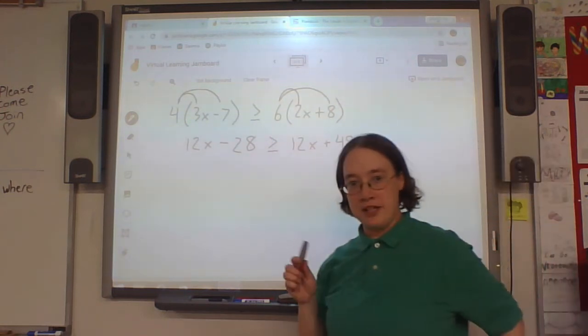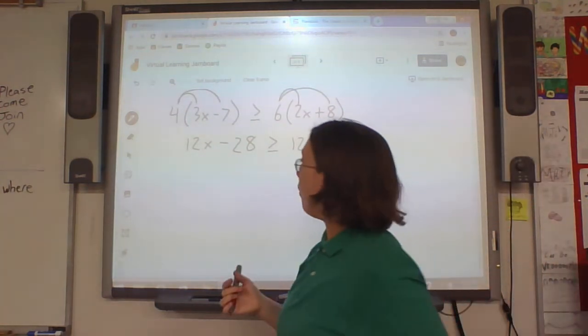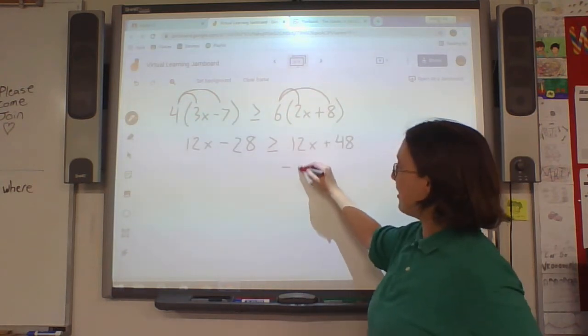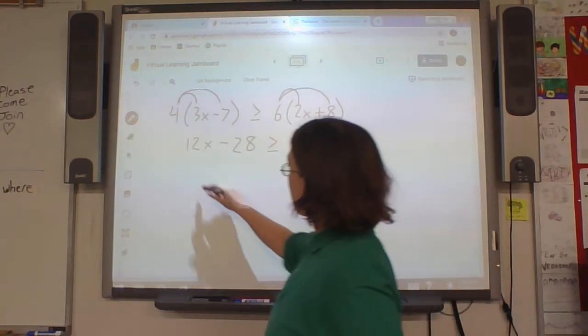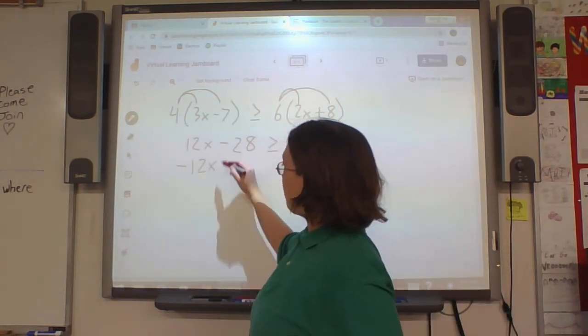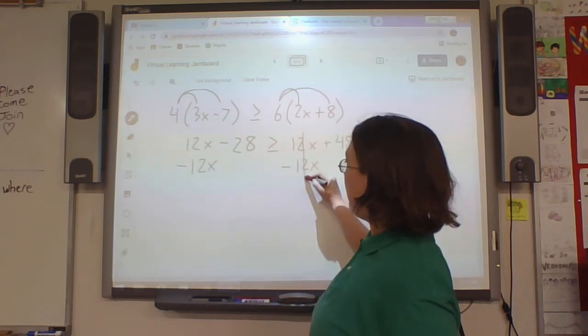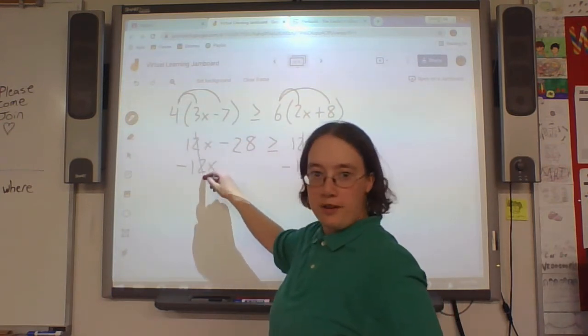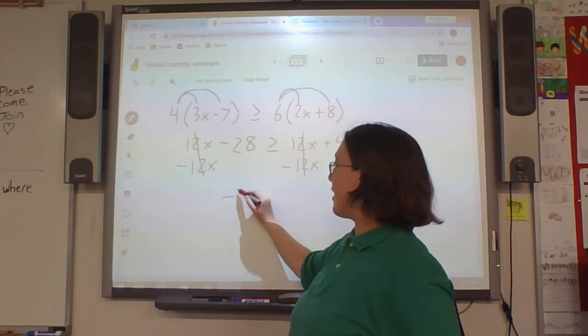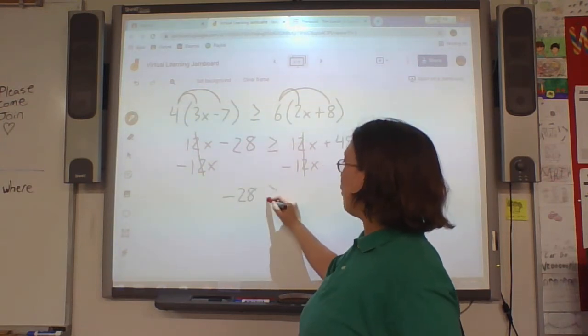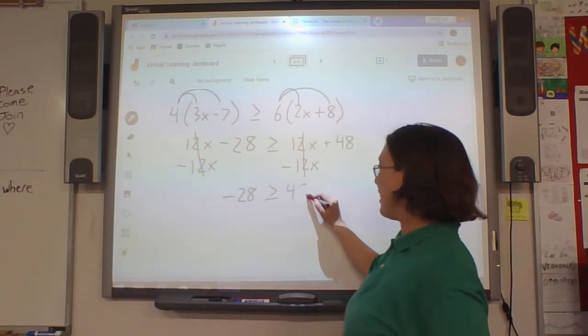So if we try to do what we did in the last one and get rid of one of our variables by subtracting it, if we subtract that 12x here, and we subtract the 12x here, these are gone, so are these. So now we've got negative 28 is greater than or equal to 48.